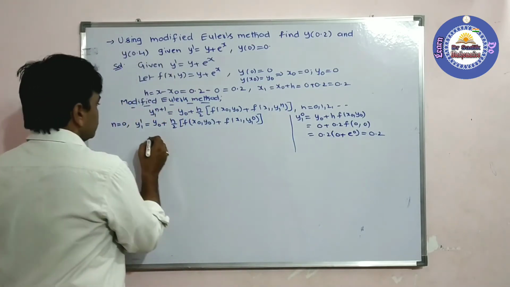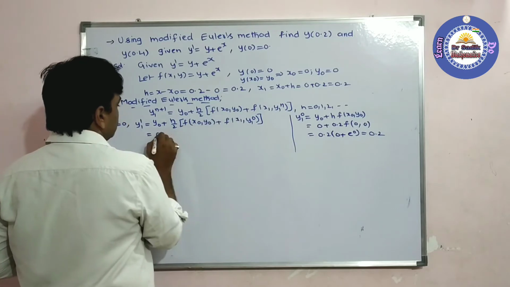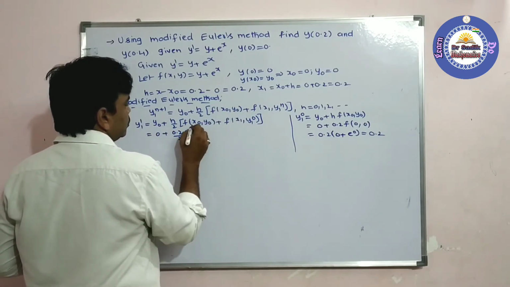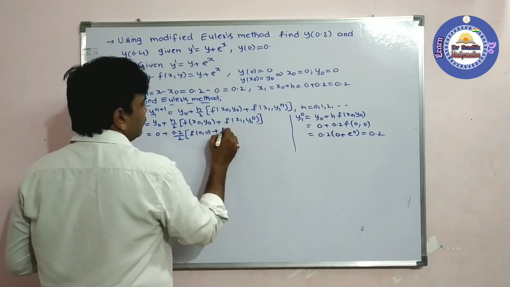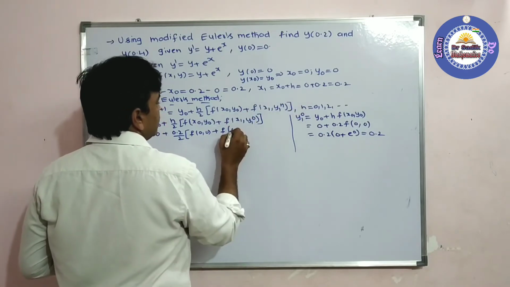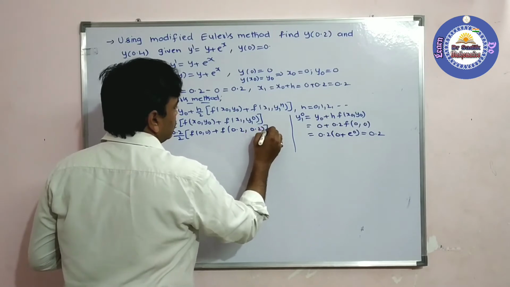So substitute here, students. What is y0? 0, plus the h value 0.2 by 2, into the bracket f(0, 0) plus f(x1, y1^(0)), where the x1 value is 0.2 and the y1^(0) value is 0.2, bracket close.